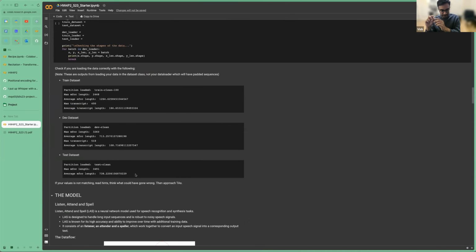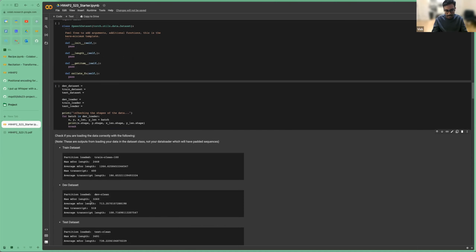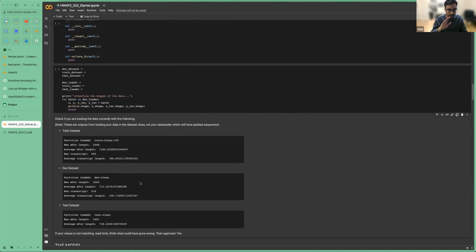When you're appending your MFCCs, loading them from NumPy one by one, you can keep an MFCC length list and find the maximum length of that. That's your max MFCC length. Then you can find the average by taking the mean of that list. Then do the same for the transcripts. So that's what this is. This isn't coming from your data loader. We're not asking you to implement a custom method for your data loader that does anything like this.